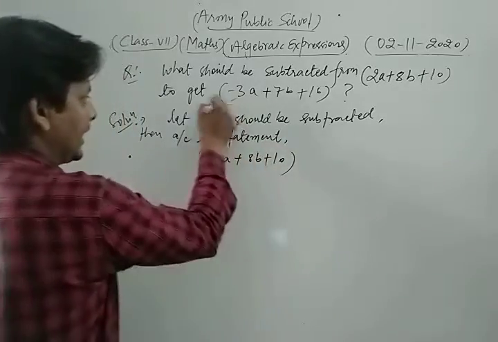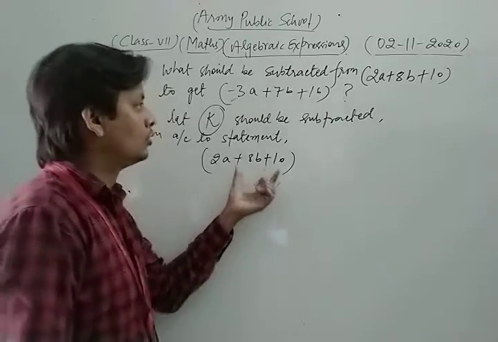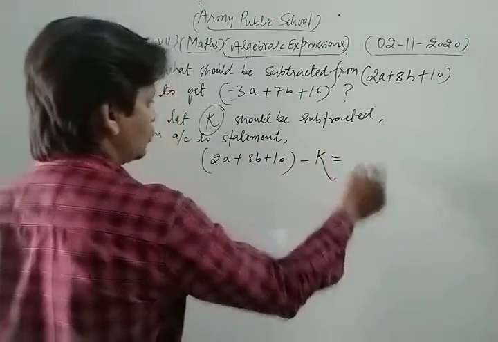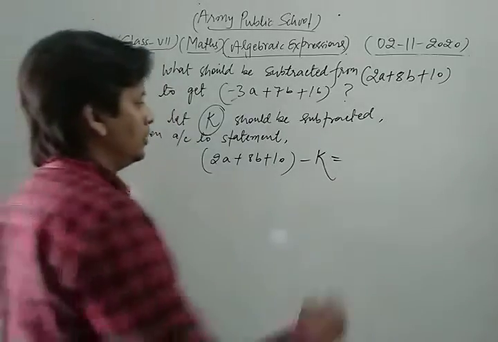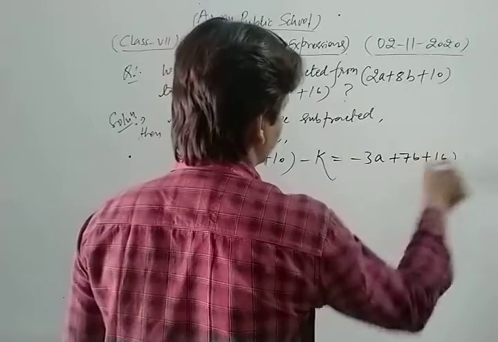Suppose k is to be subtracted. So we write this minus k is equal to the value minus 3a plus 7b plus 16.